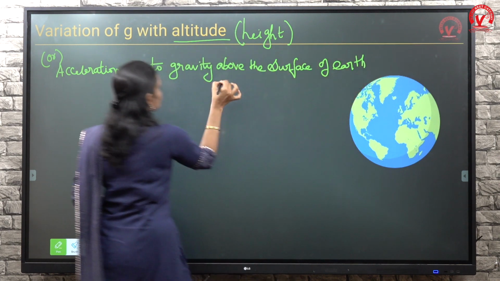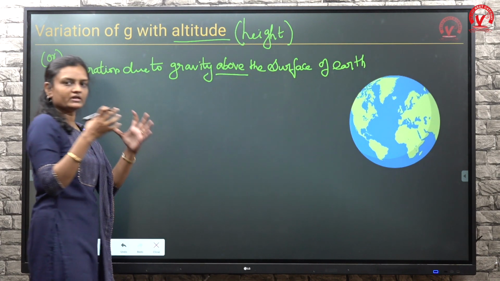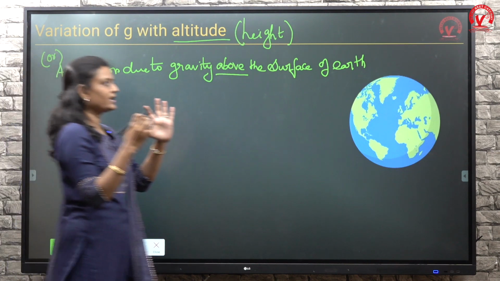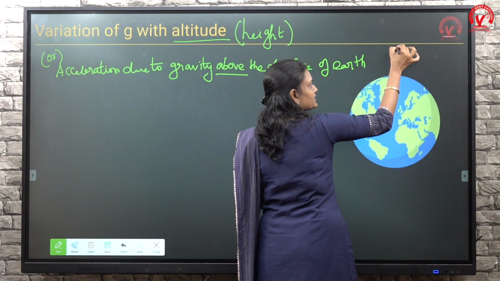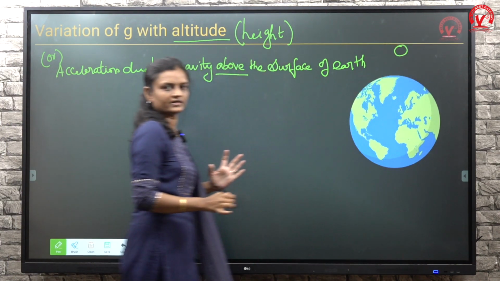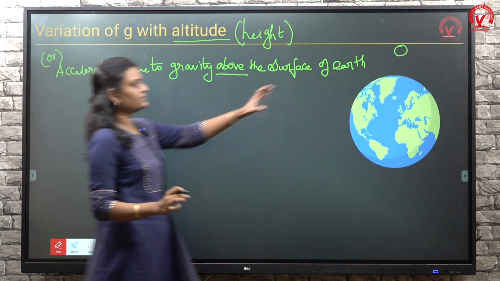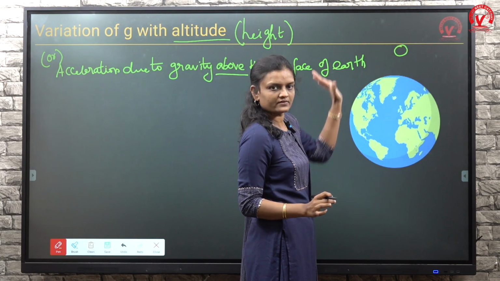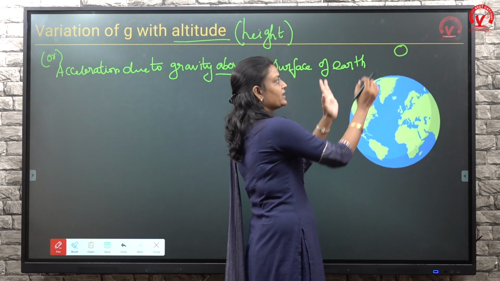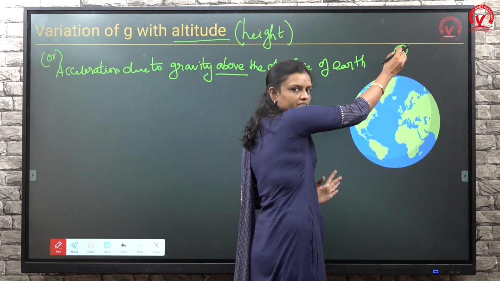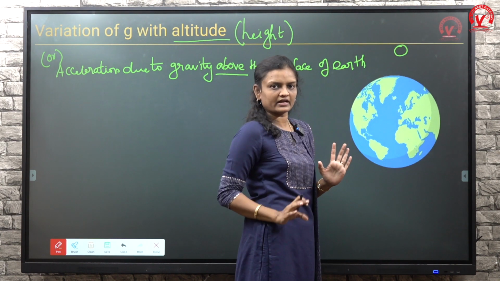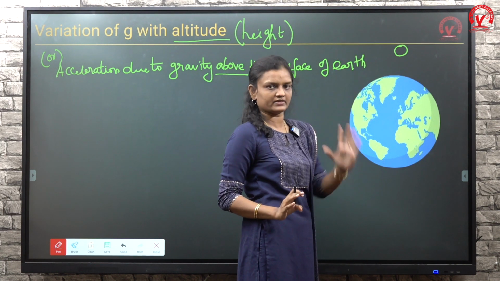So now I am going to keep the object above the surface of the earth. Our aim is to find, for this particular object, what is the acceleration due to gravity when it is kept above the surface of the earth.